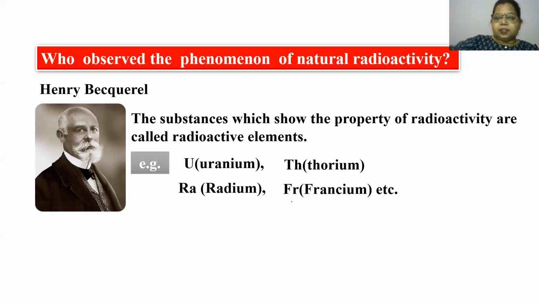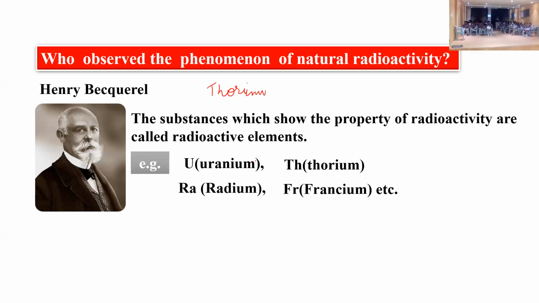The credit of discovering the radioactivity, not X-rays, the credit of discovering the radioactivity goes to Henry Becquerel. There is just a small story about it that he was once working with the compound of the element named thorium.